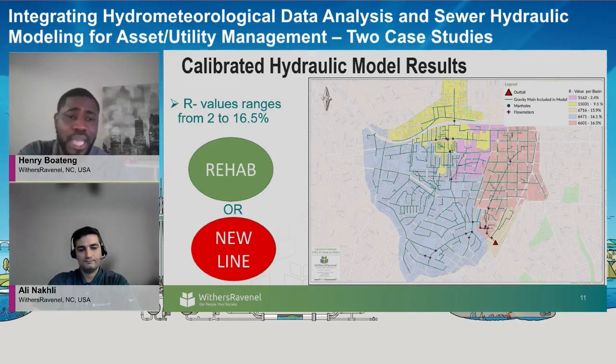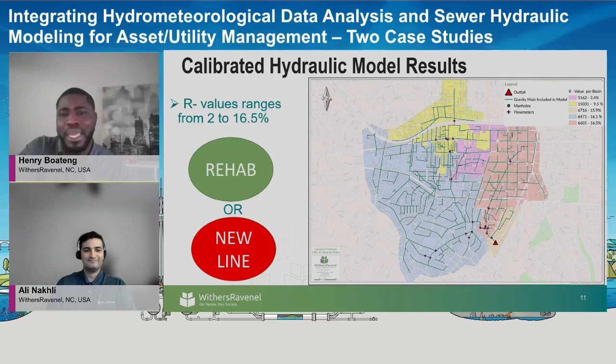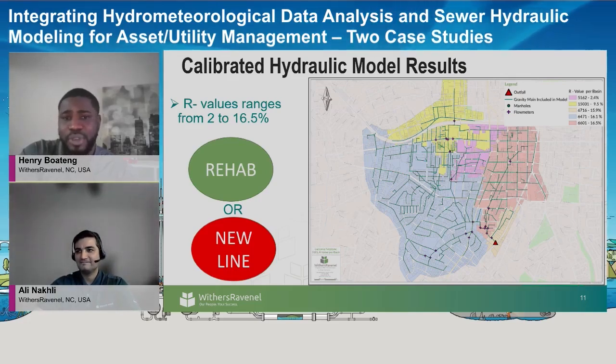At what point are your R&I renewal efforts not going to make a big impact in stopping all of these hydraulic issues that your system is experiencing? So for 16.5, as compared to all the systems that we have modeled, that is pretty good, at least in terms of rainfall percentage that's entering into a system.